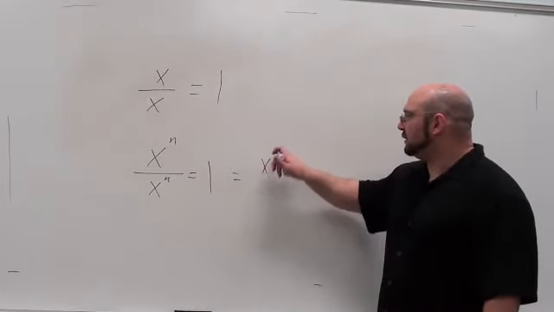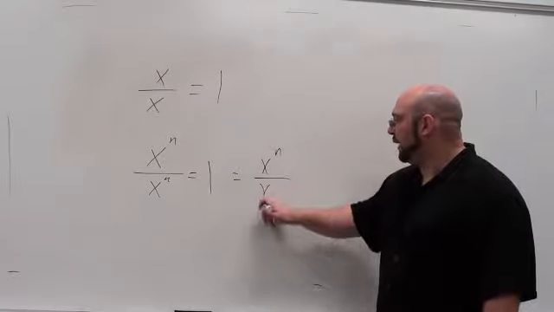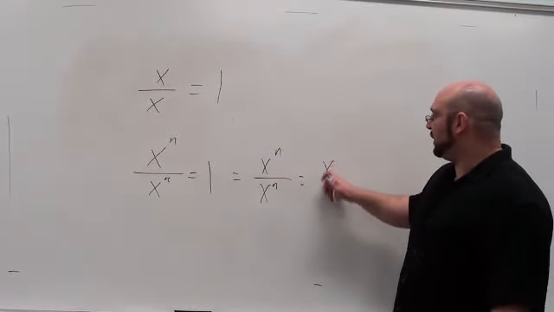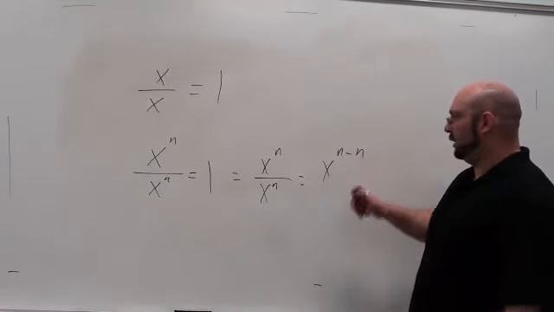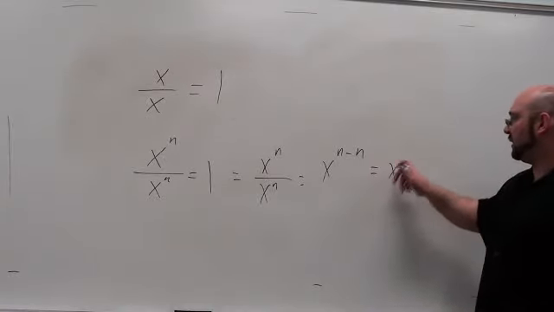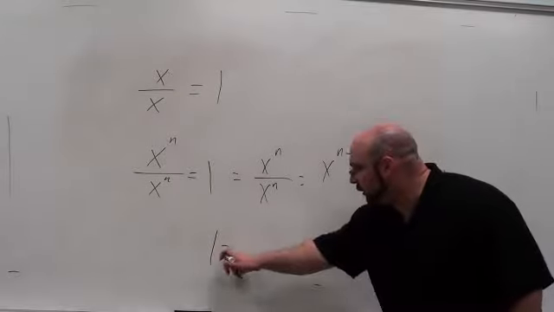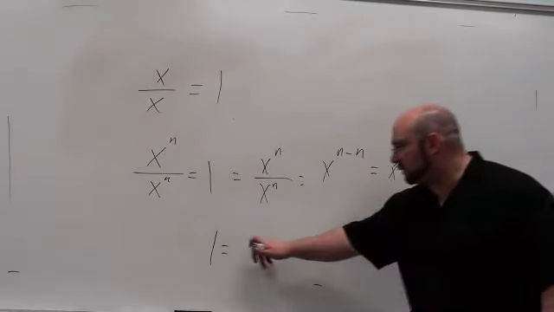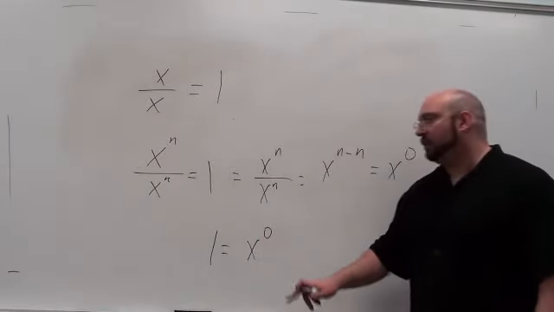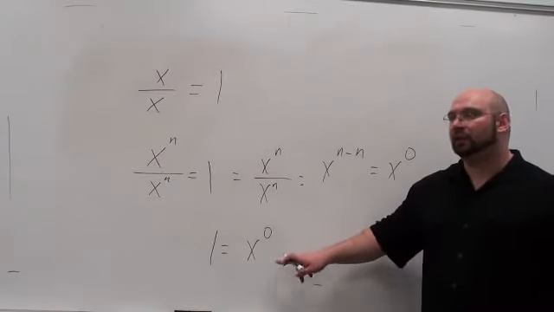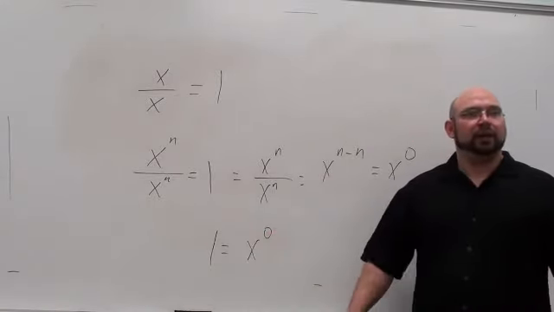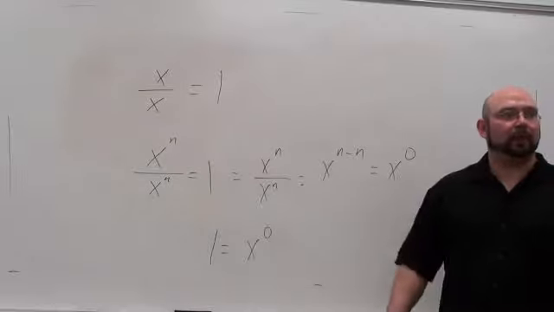So this is x to the n over x to the n, which is x to the n minus n, which is x to the 0. So notice that 1, go through all this, is equal to x to the 0. So when your 0 is an exponent, you know that's equal to 1, based on what we've done.